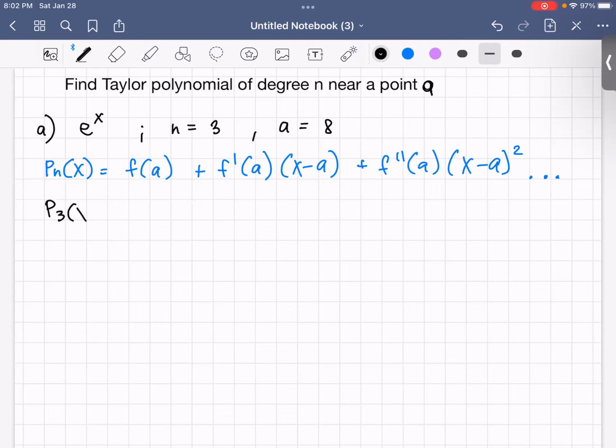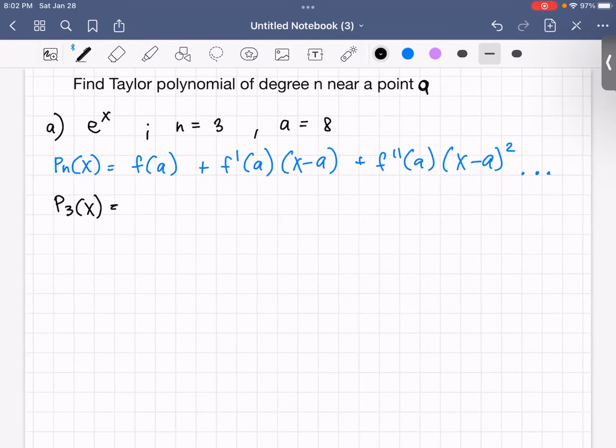P3 of x is going to be e of a. a is 8, so it's going to be e of 8, right? So e of 8 plus e prime of 8, basically e of 8 prime.